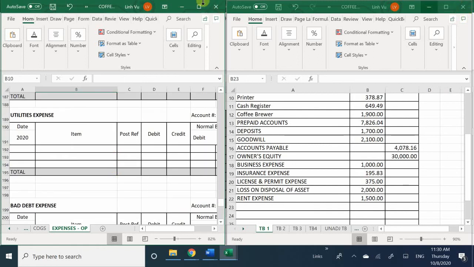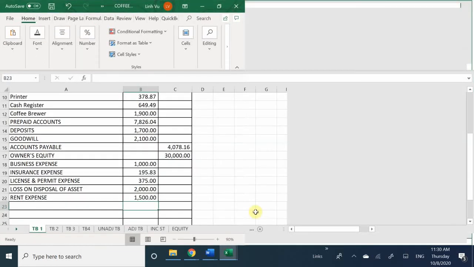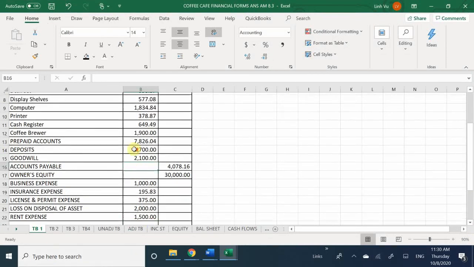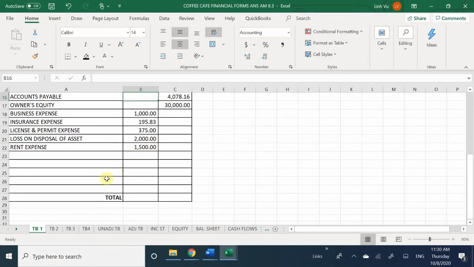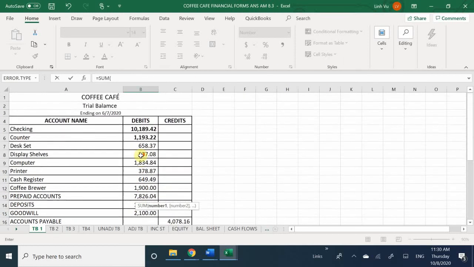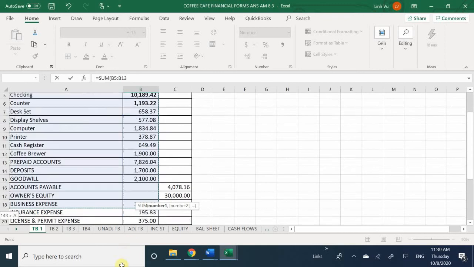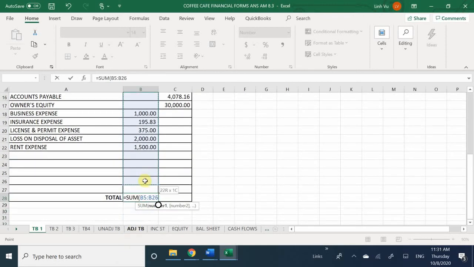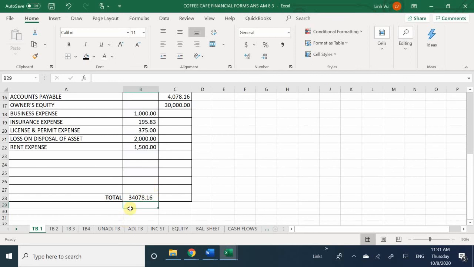So here we now have completed by using our ledger, right? So now we're going to test our theory. Did all my debits match to my total credits? So I'm going to go ahead and equal sum this row. Okay? And can you tell me, did we match? So I got 34,000.